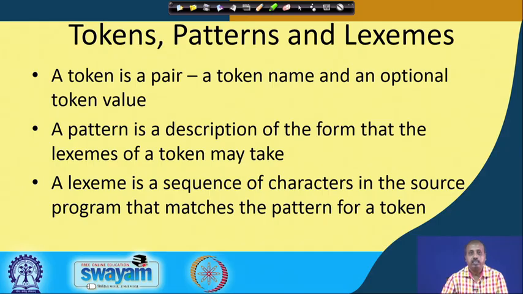A pattern is a description of the form that the lexemes of a token may take, whereas a lexeme is a sequence of characters in the source program that matches the pattern of a token.